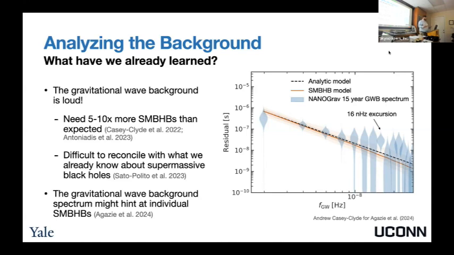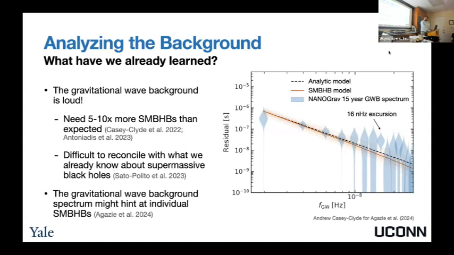And based off of that data, we expected a gravitational wave background that was a bit quieter than the one we actually heard. In fact, if we try to adjust our models to match the gravitational wave background that we're actually hearing, what we find is that we actually need 5 to 10 times as many supermassive black hole binaries as we thought we had in the universe before. This is really, really surprising. This is something that we're still in the process of trying to understand just what's going on here.